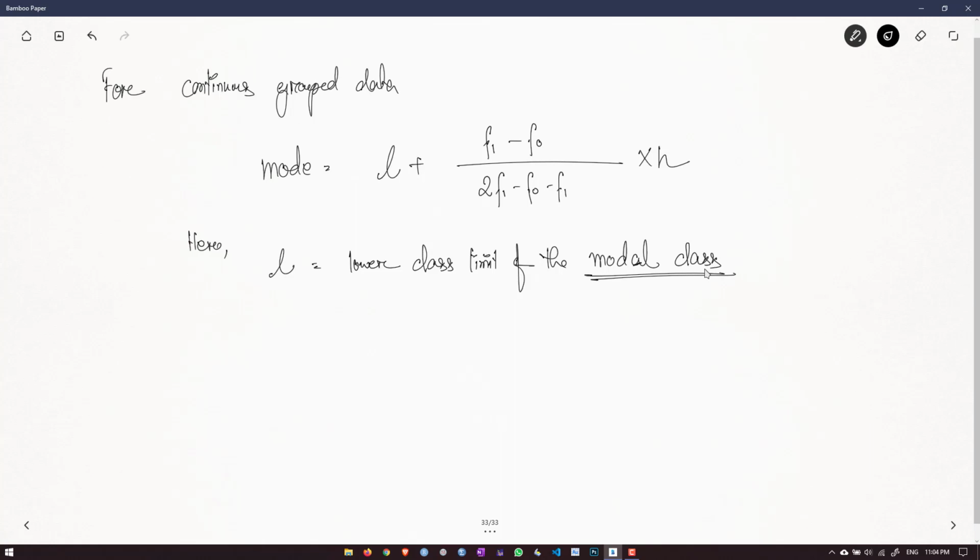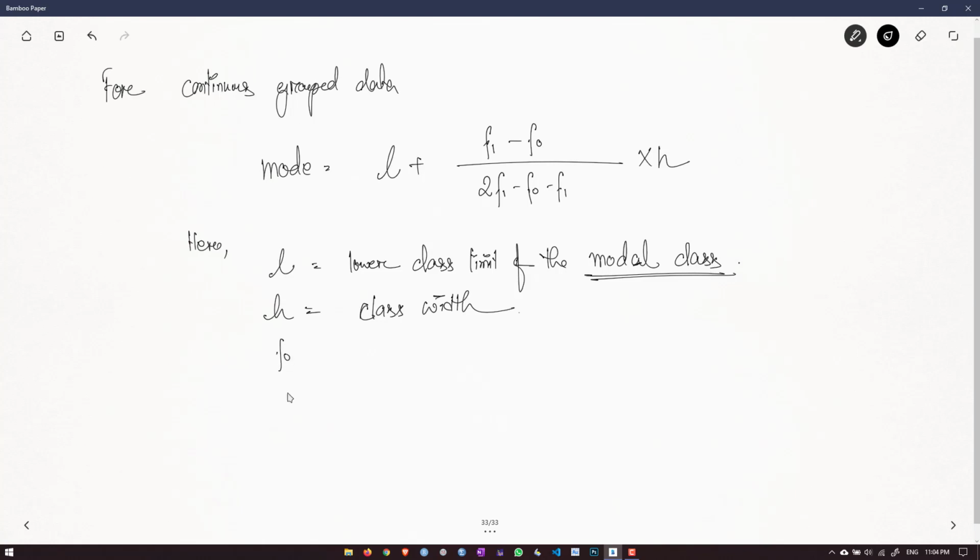Here also we will have to find out a class interval where we are suspecting that the mode will fall, right? So in this case, finding out the modal class is quite easy. Now h, same like median, is the class width.